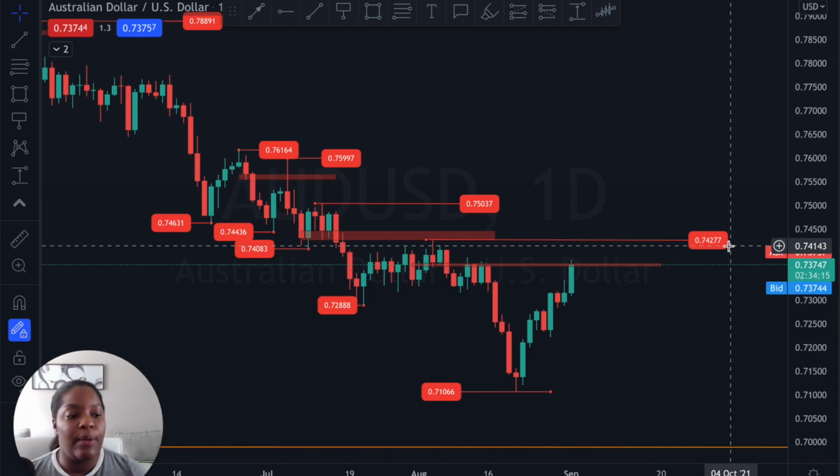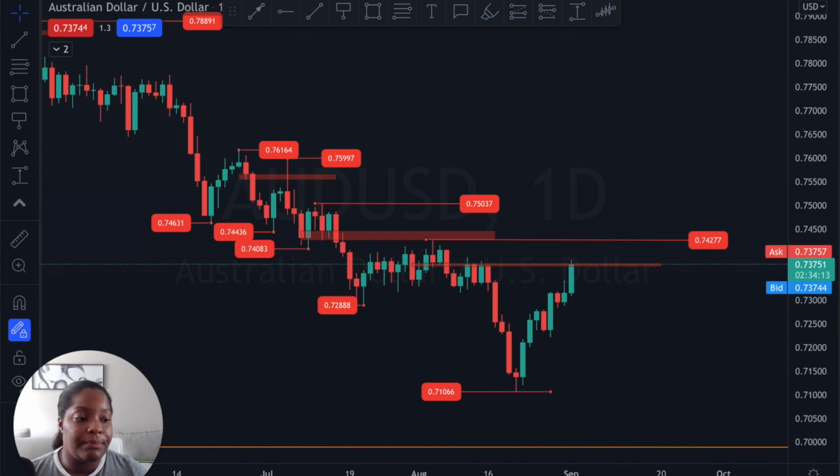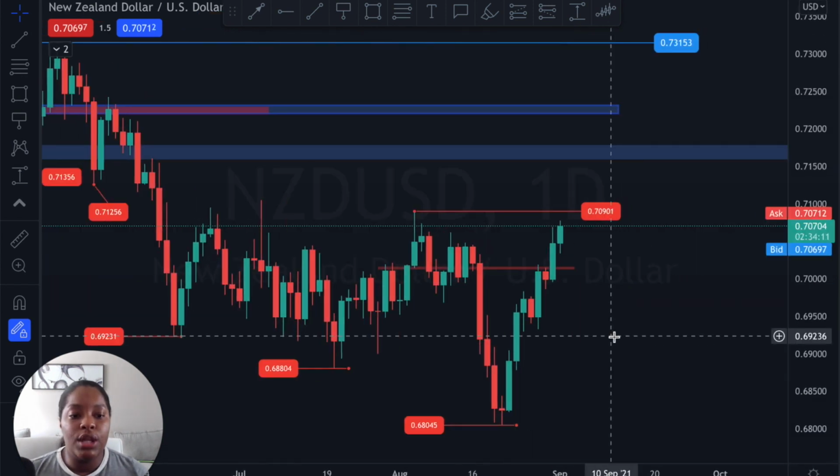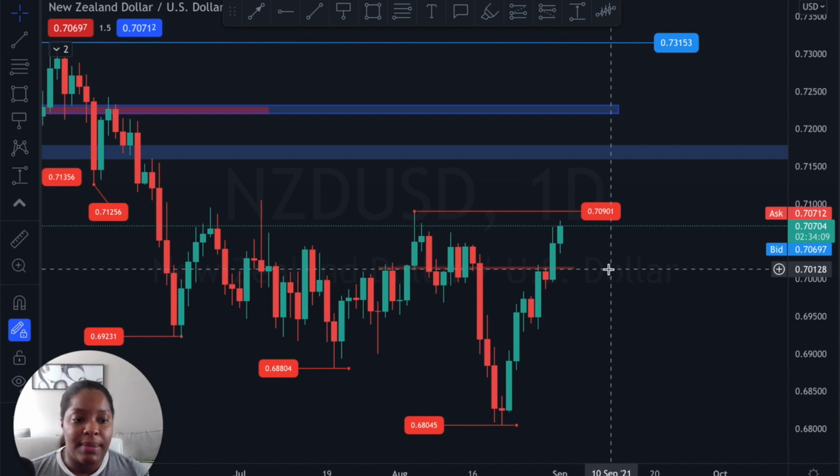The other pair that we took a look at was New Zealand dollar. Now, even though we're looking at New Zealand dollar, and yes, it is past my zone, I am a firm believer that we highlight areas we want to take trades at based on our zones, but I understand trend based on exchange rate numbers.